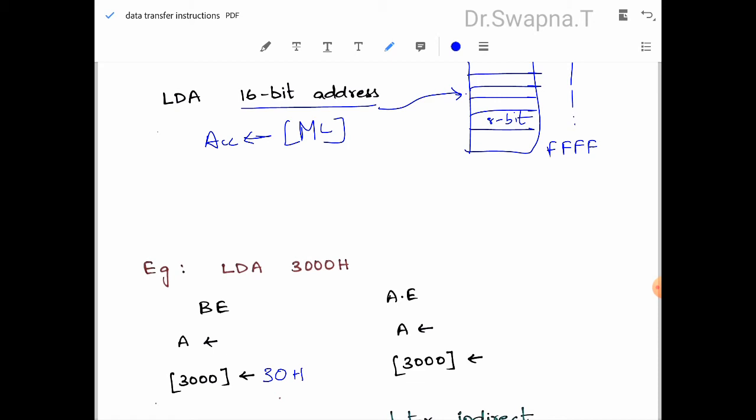We assume 30 because it is in binary coded decimal, BCD format, and A may have any previous or random value. So after execution, what happens? The content of the 3000 memory location gets copied into the accumulator register. 30H gets copied into the accumulator register. And what will be the content of the 3000 memory location? The source will not get altered. It will be the same.